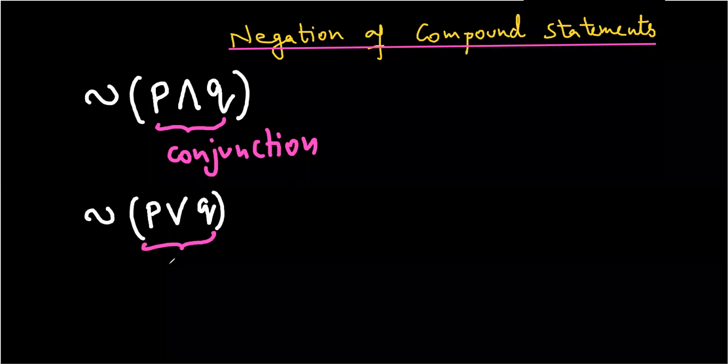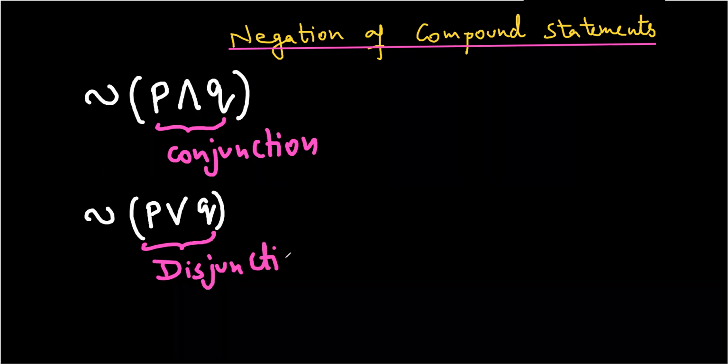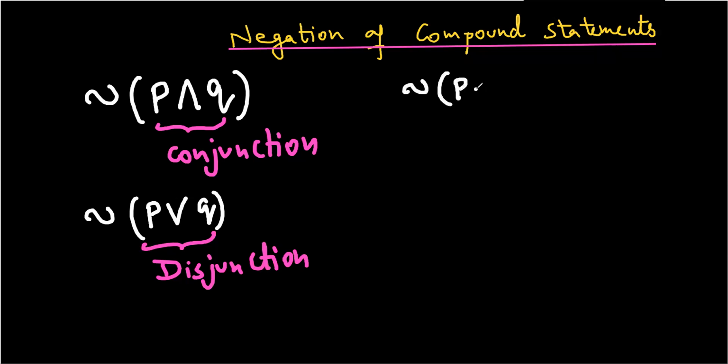It is a compound statement. Negation of disjunction. We will learn how to write negation of implication, P implies Q. You know, this is an implication statement.